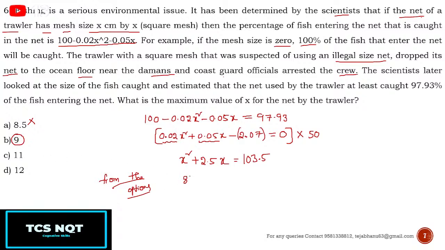So 9 square is 81 plus 2.5 into 9. 25 9s are 225, so it is nothing but 22.5, is equal to 103.5. Now 81 plus 22.5 is 103.5. The condition is satisfied. LHS becomes RHS. So directly we can pick the option as 9. Is this clear, everybody?